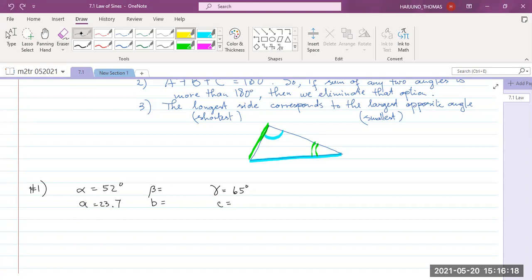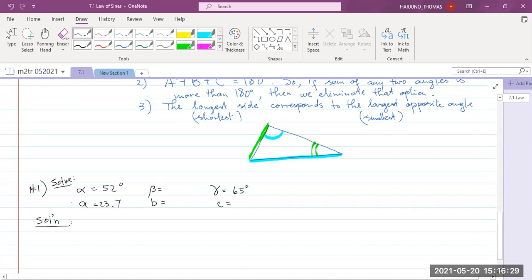Now, to solve this triangle, I think finding angle B is the easiest for now, right? Because alpha plus beta plus gamma equals 180 degrees. That one is easy, right?